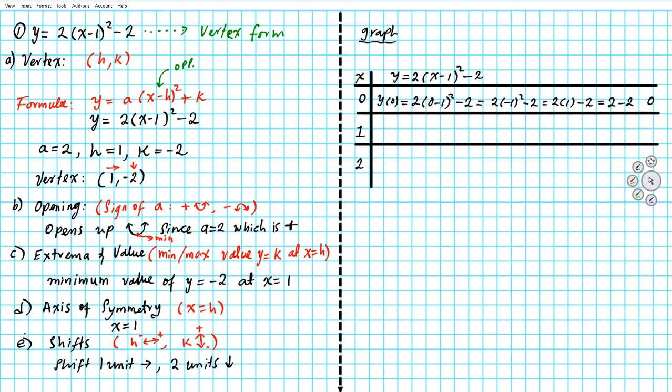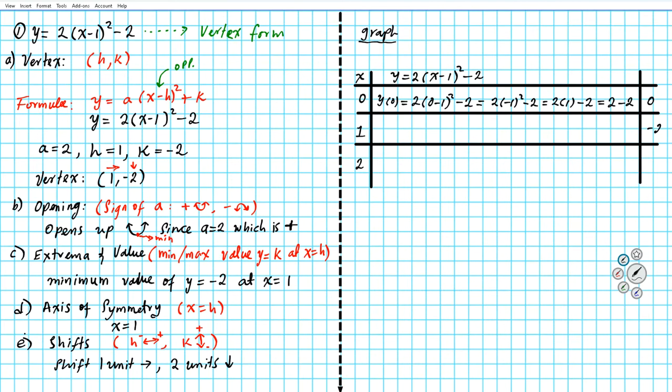All right, so that is our output value for the first input of 0. Now let's take a look at the second one. The second one, x equals 1. Well, we already know from the vertex here that when x is 1, y is negative 2.